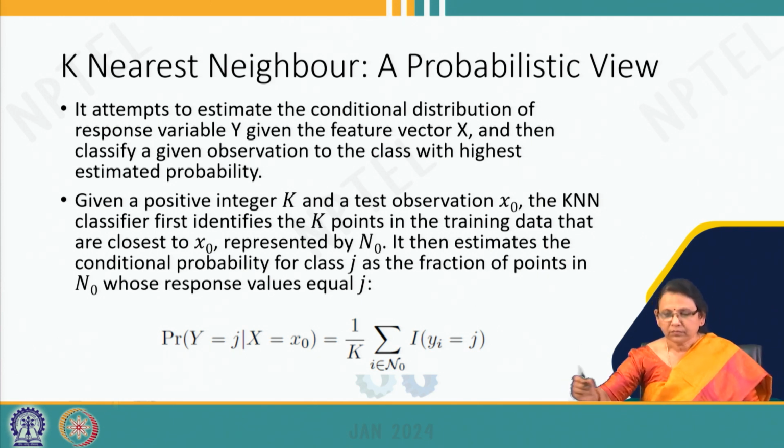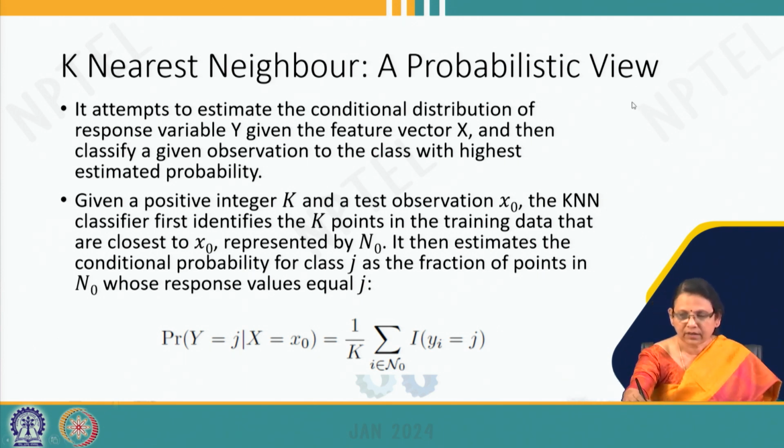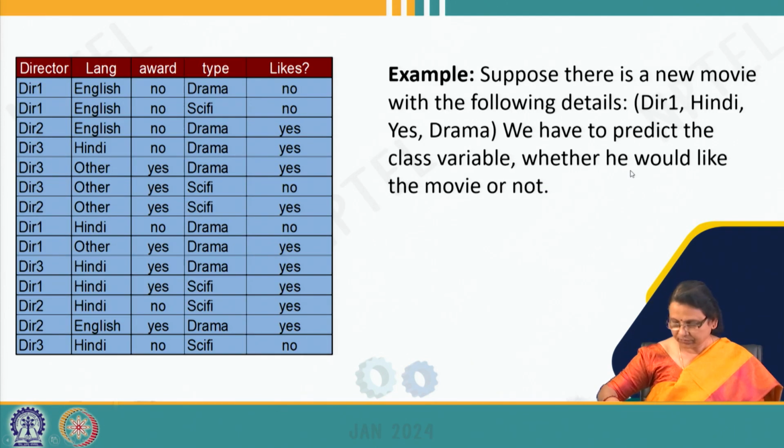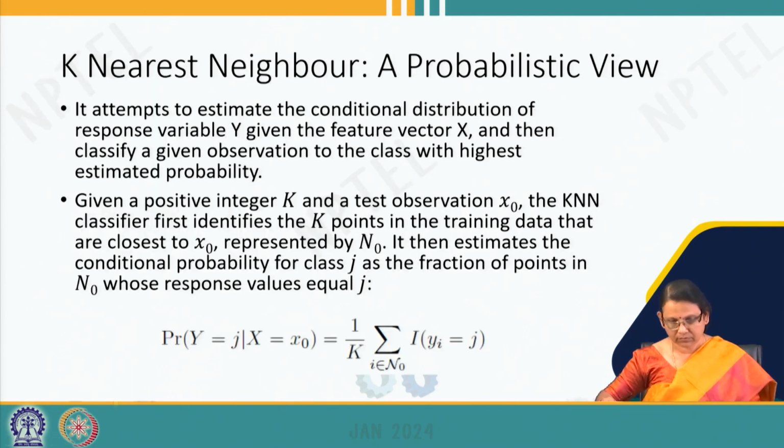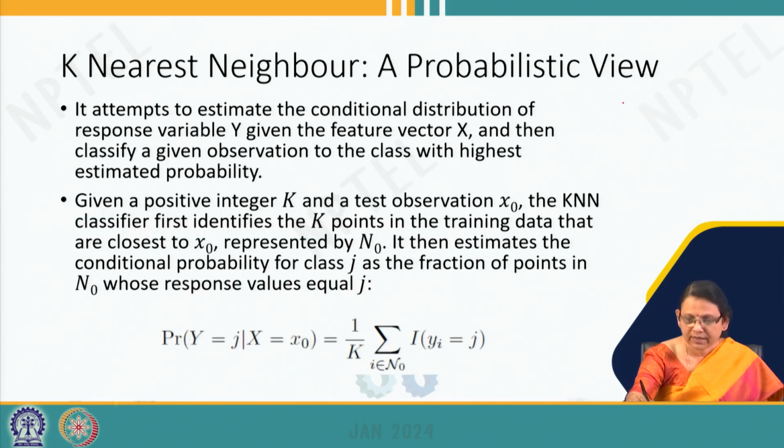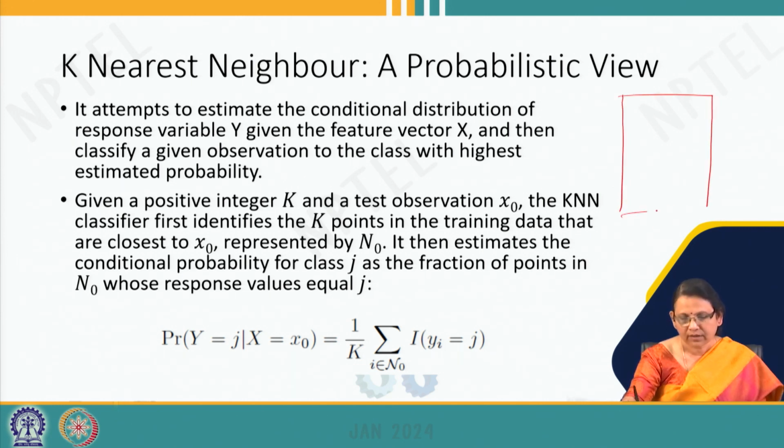So, in our training data set, let us say there are n observations, 1, 2 up to n, with feature 1, feature 2 up to feature p, and there is a response variable.